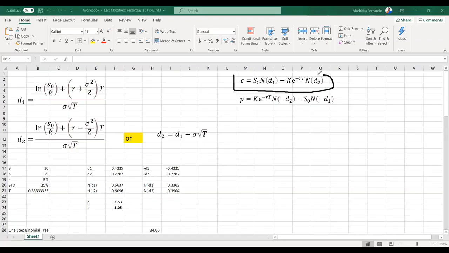We have the stock price, the strike price, the risk-free rate and the time to maturity, but we need to calculate the probability of d1 and the probability of d2. To do that, first calculate the value of d1 using this particular formula.